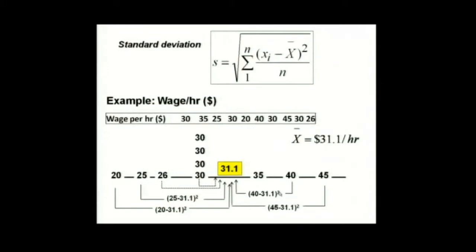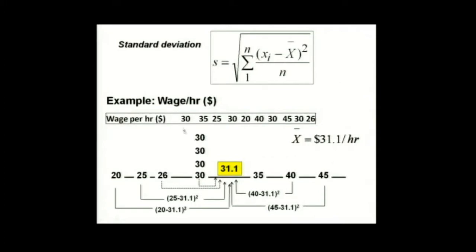The reason we square each term is that if we sum up the values without squaring, we're going to end up with a sum of 0. Indeed, the sum of deviations from the mean value is always 0, and to avoid the 0 sum, we have to square each term.